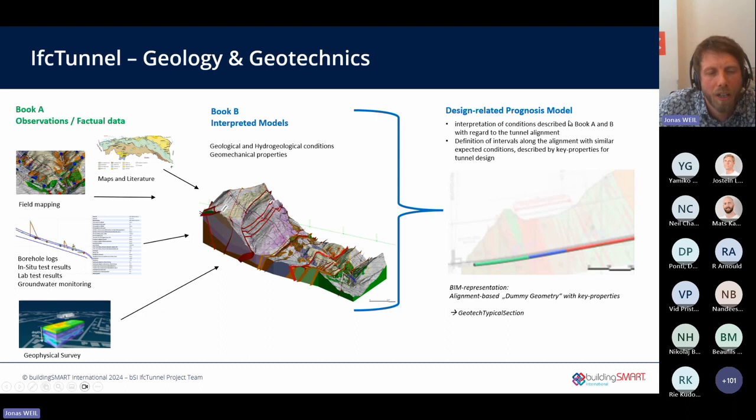So this is the model to describe the building ground interaction. And this is the one that can be used for further interpretation or for further applications like contractual topics, time, quantity estimates, and costs.